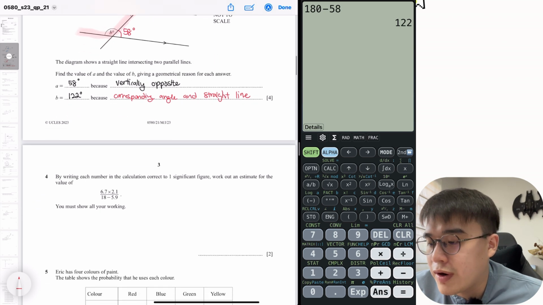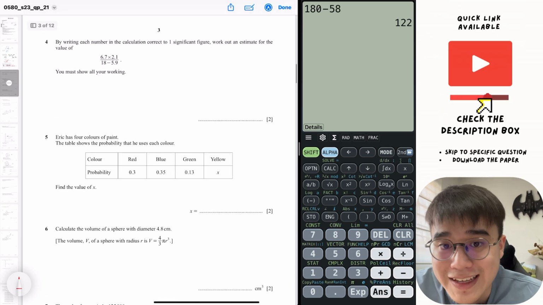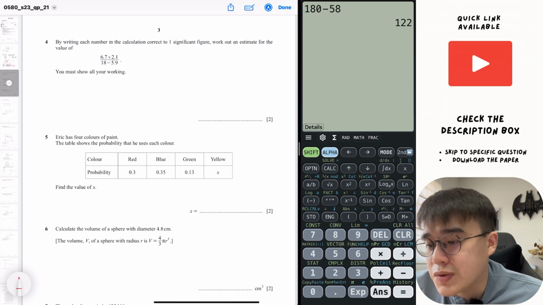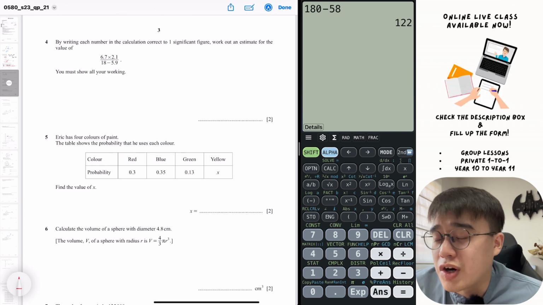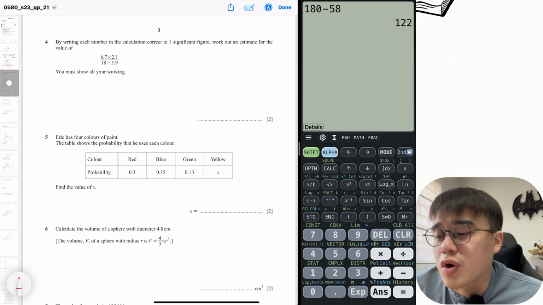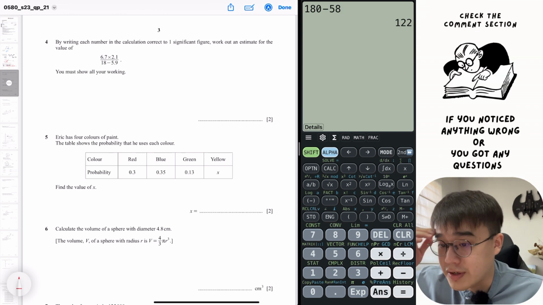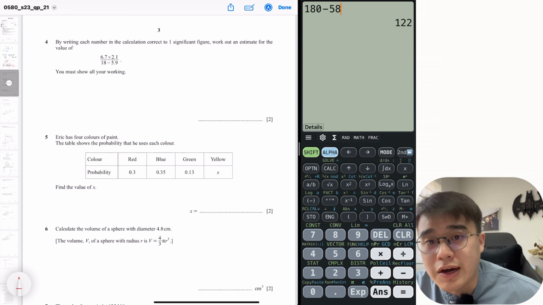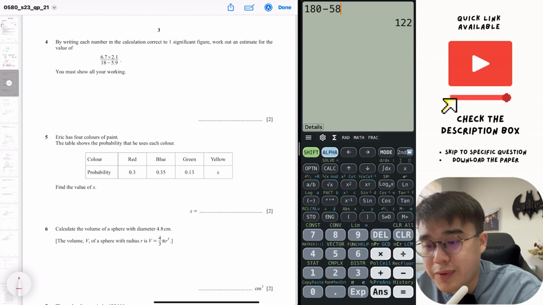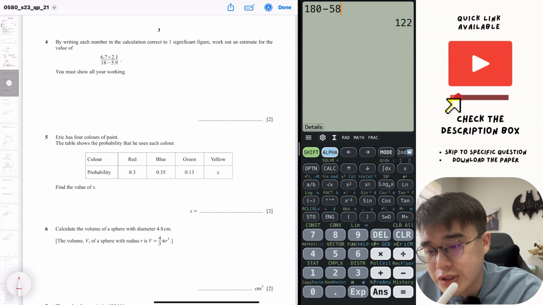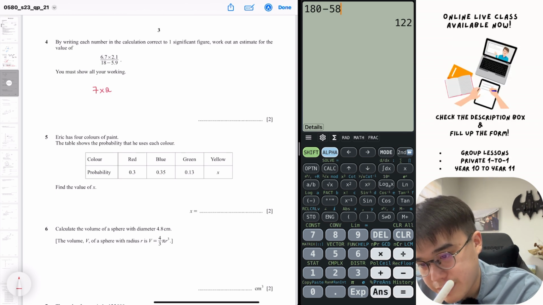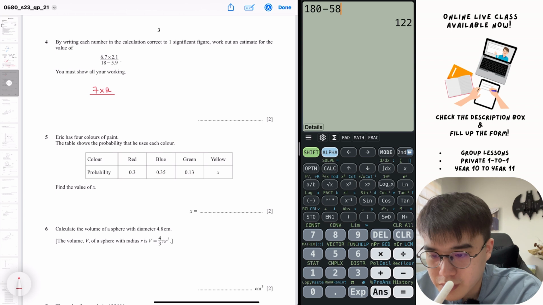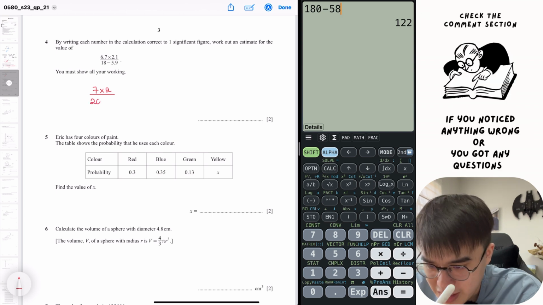Question 4 has gained its popularity lately. They wanted to test students whether they can read the question carefully or not. So they actually want you to correct everything to one significant figure first before the calculation. So 6.7 will actually translate into 7. 2.1 is still 2. Meanwhile, the 18 will be updated into 20.